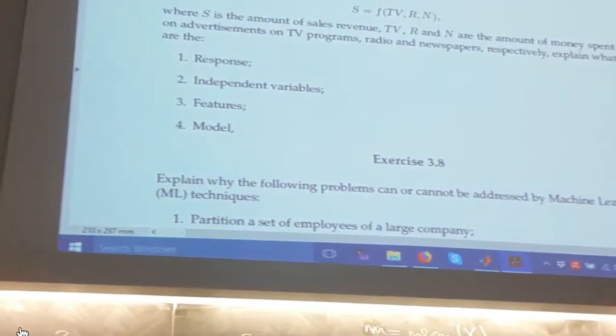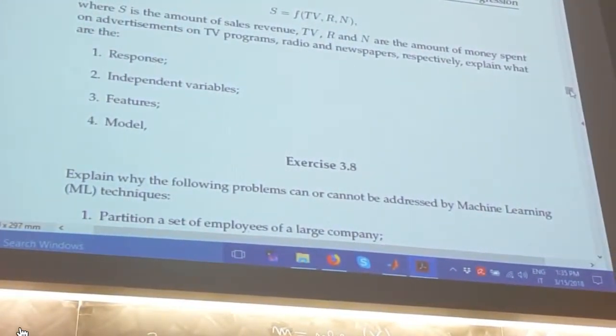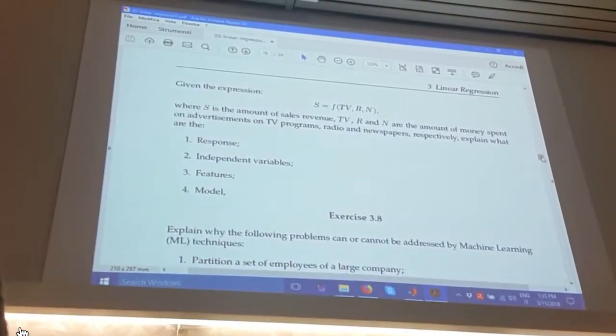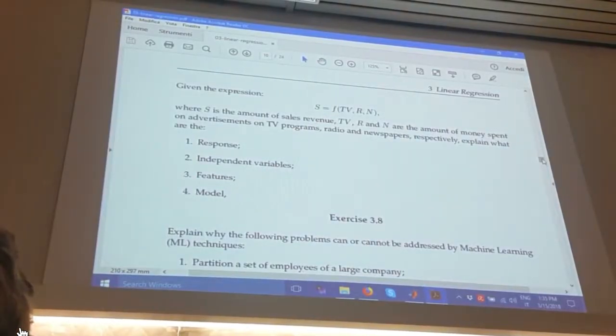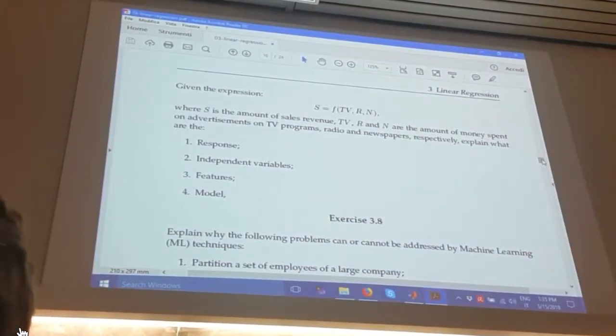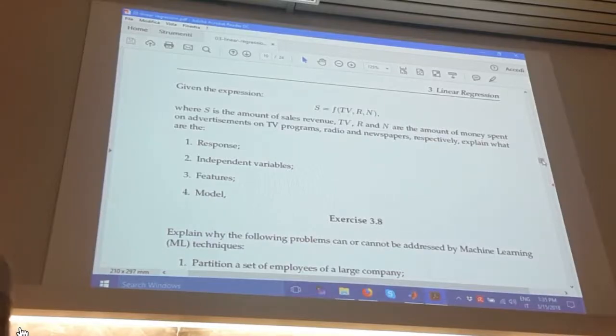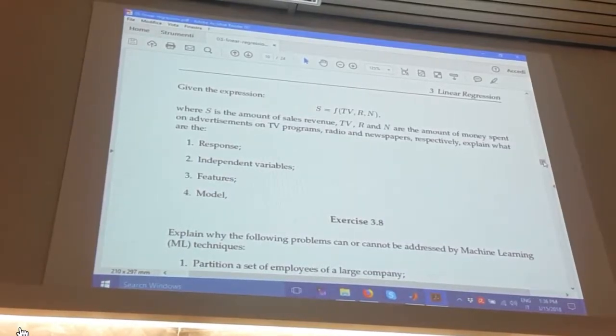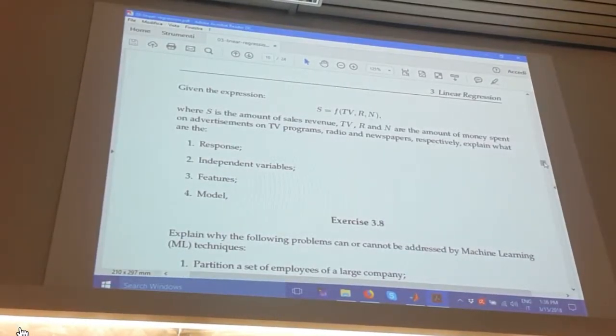Given that expression, you have to tell which one among these is the response, independent variable, feature, and model. Again, an answer alone is not enough. We have to motivate it. Okay?